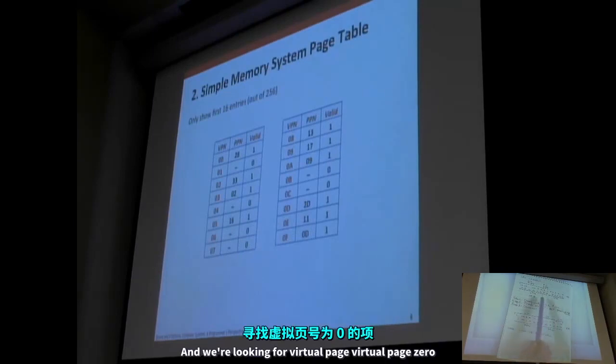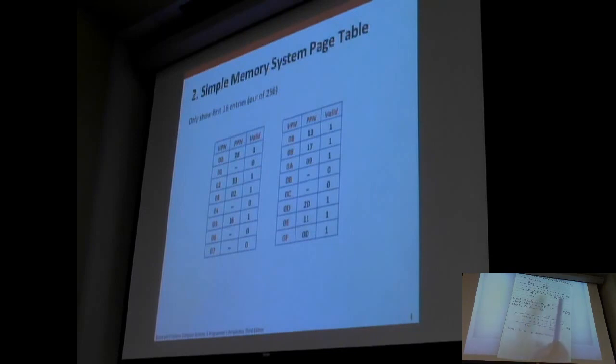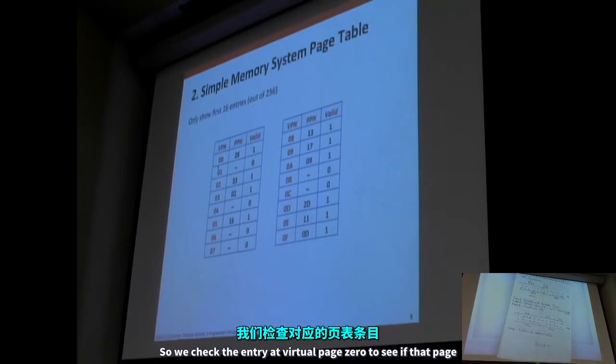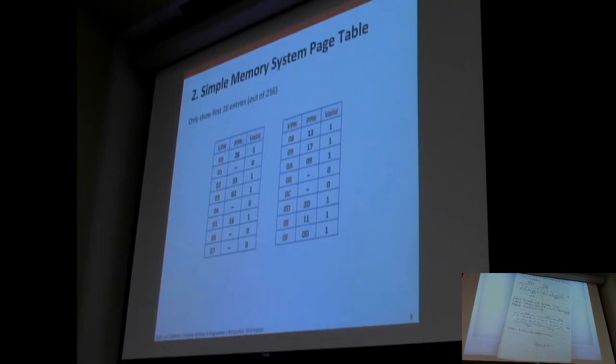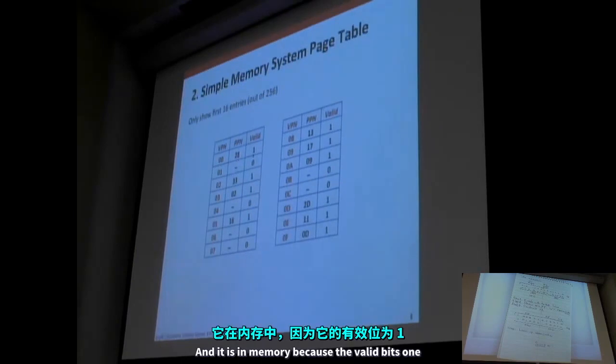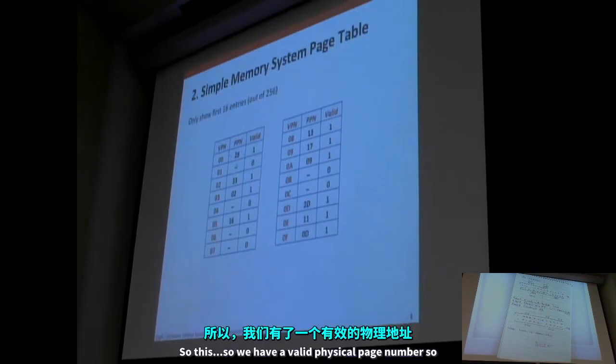And we're looking for virtual page 0. So we check the entry at virtual page 0 to see if that page is in memory, and it is, because the valid bit's 1, so we have a valid physical page number.